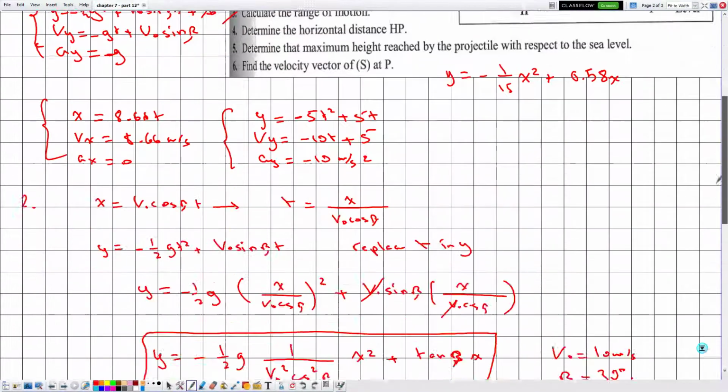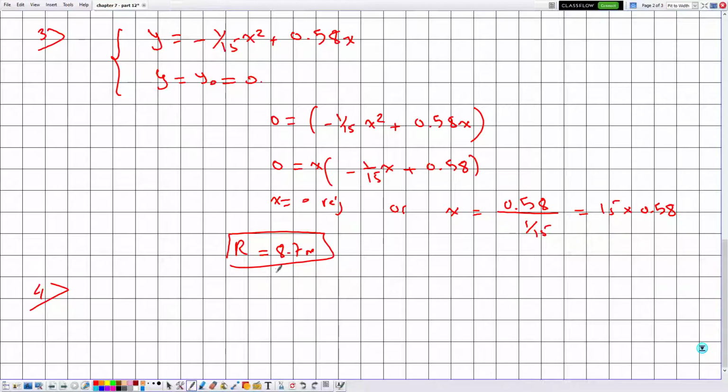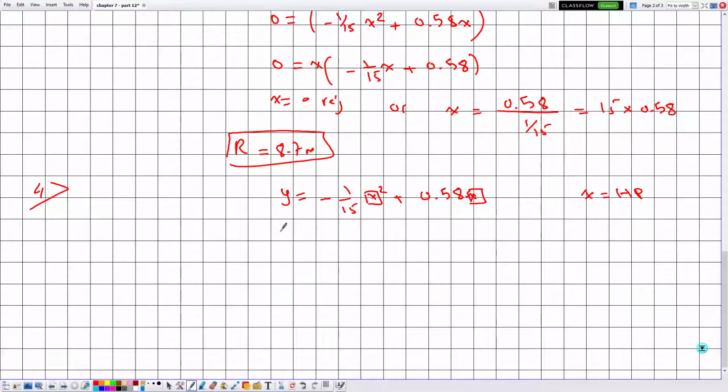Okay. So now referring back to the trajectory equation, which is given by y is equal to minus 1 over 15 x squared plus 0.58x, we are interested in determining the value of x in which x is equal to HP, and this corresponds to the value of y, which is equal to minus 20.